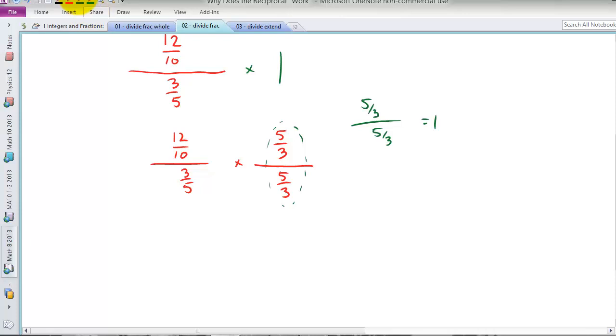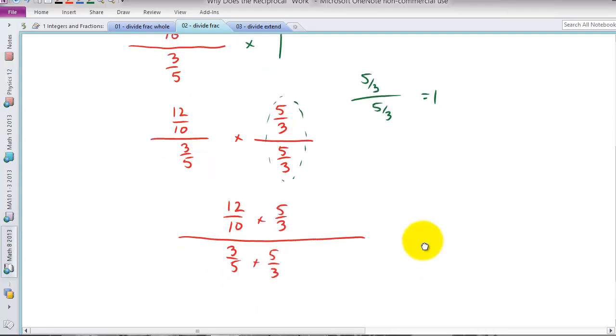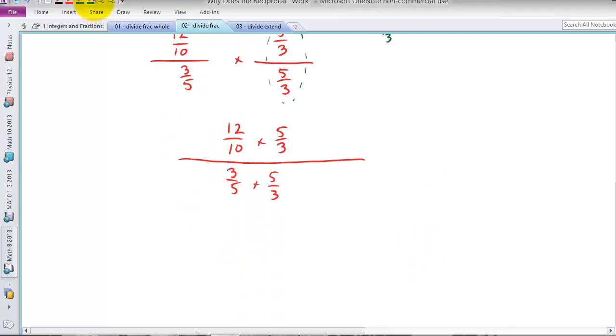So now I'm going to say 12 over 10 times 5 over 3, all over 3/5 times 5/3. Now we can see that the denominator cancels out to leave 1. So that leaves us with 12 over 10 times 5/3.